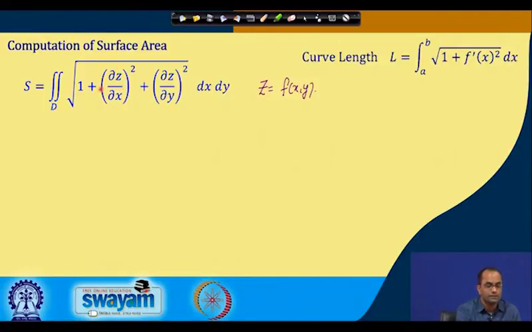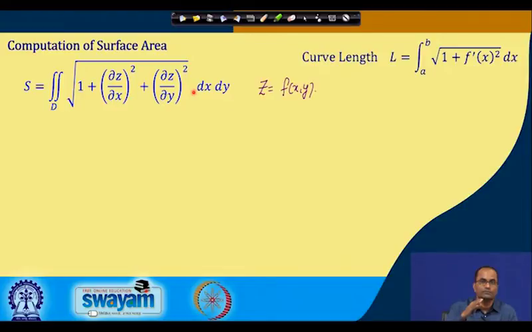So, the partial derivative with respect to x whole square plus the partial derivative with respect to y of the given function whole square, and then we integrate this integrand over the domain which is in the xy plane.